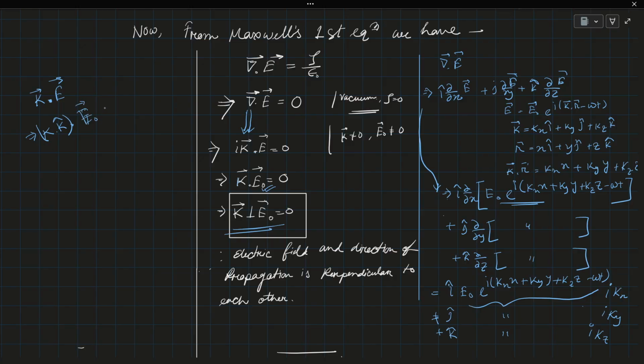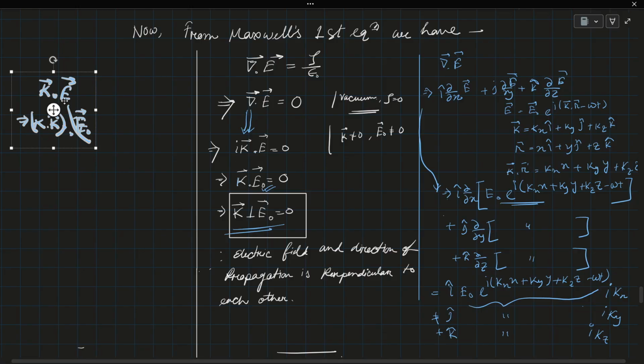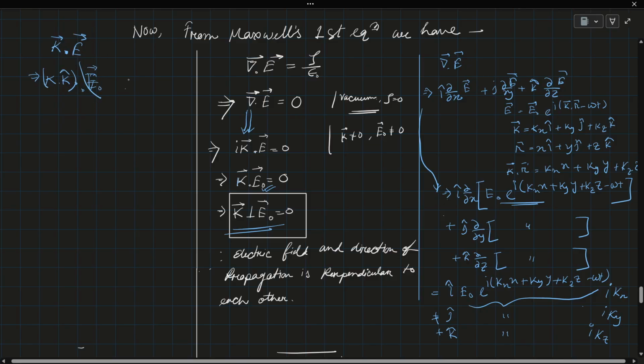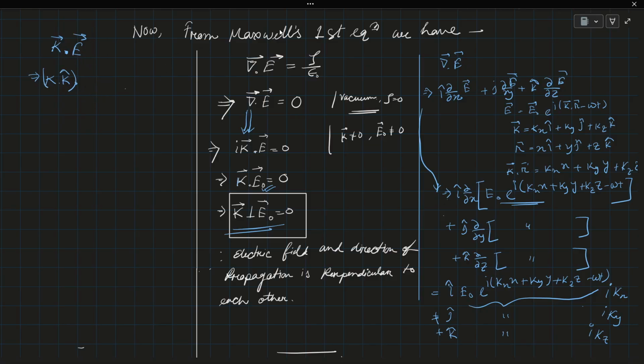E naught has a direction, and this is the dot product with the e to the power i (k dot r minus omega t) term. But this term is not giving us any direction. So the only thing from which I am getting any direction is E naught.